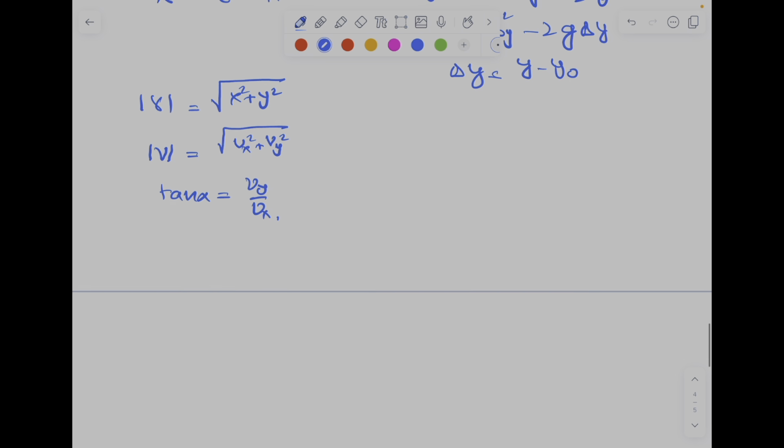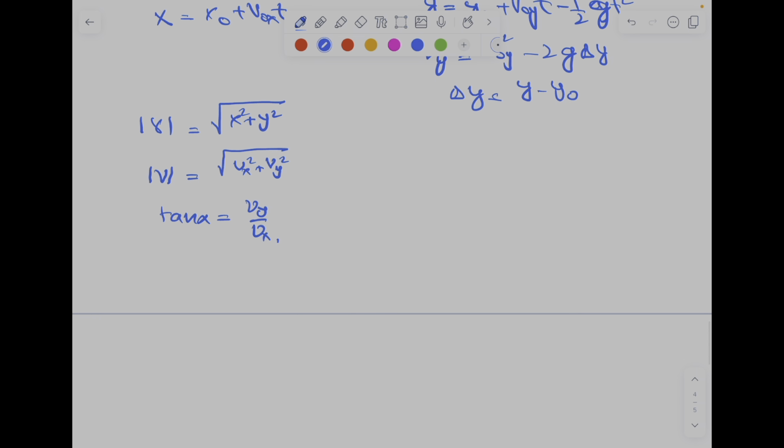Okay, so your projectile can be thrown in various ways. For example, it can be thrown like this, it can be thrown like this, and it can be thrown like this as well.